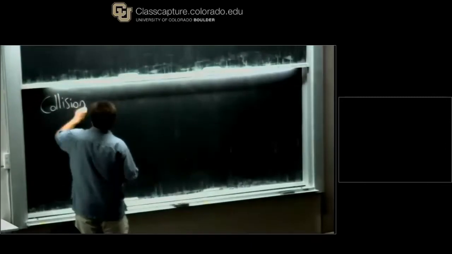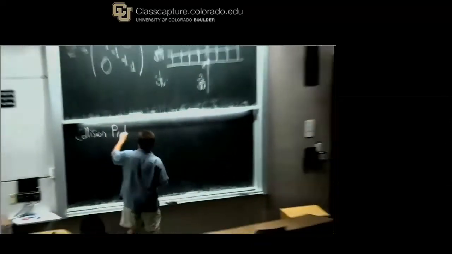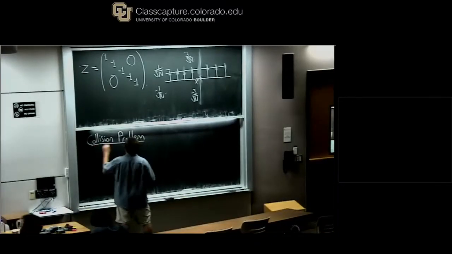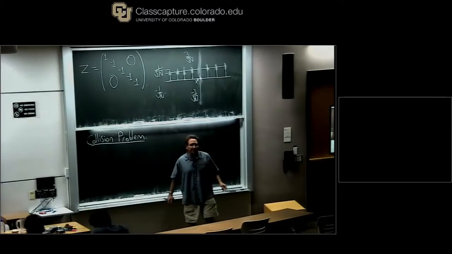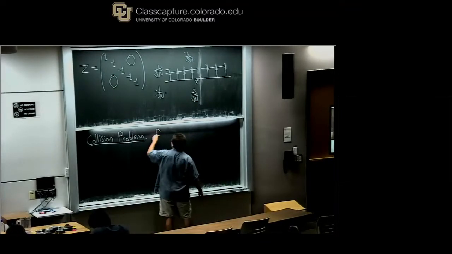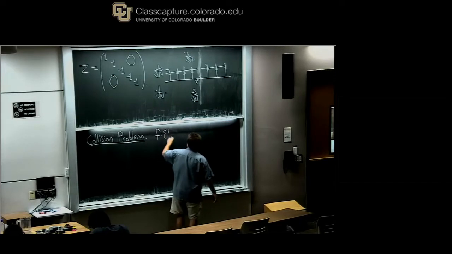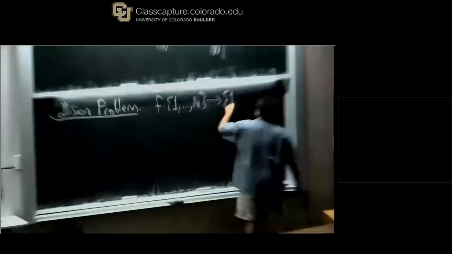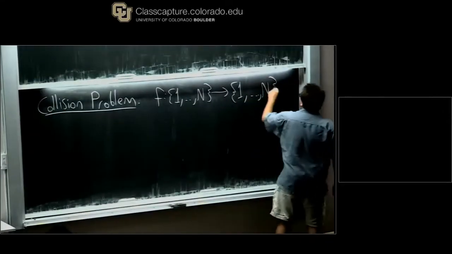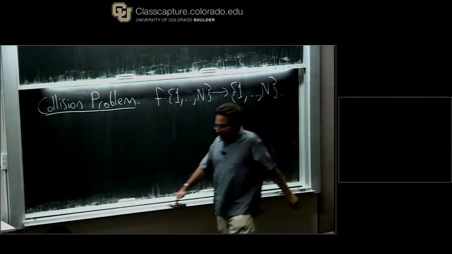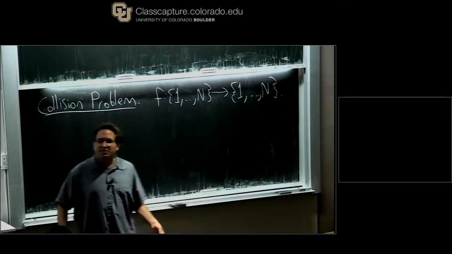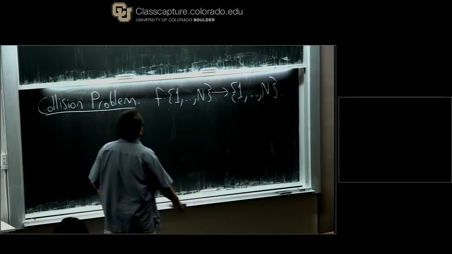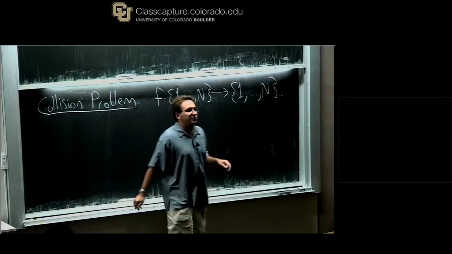Now let me show you one of my personal favorite examples. This one is called the collision problem. I'm going to imagine that we have black box access to a function f, mapping the integers from 1 to n to themselves.